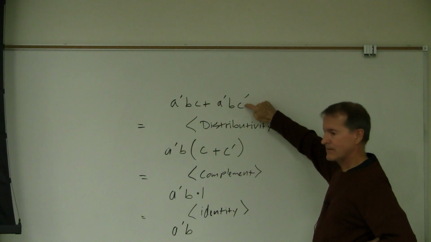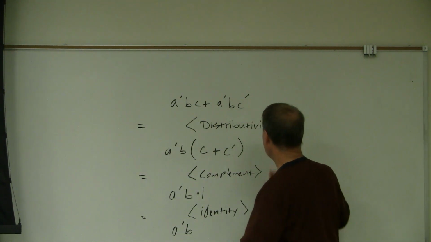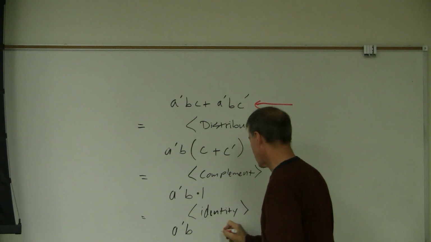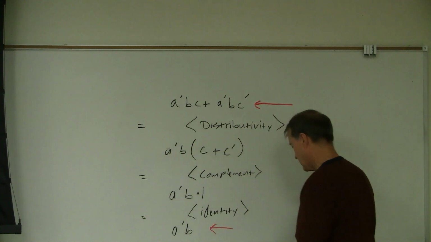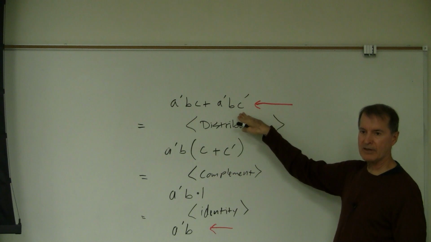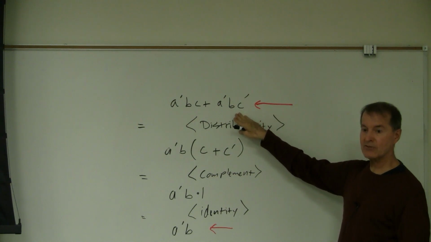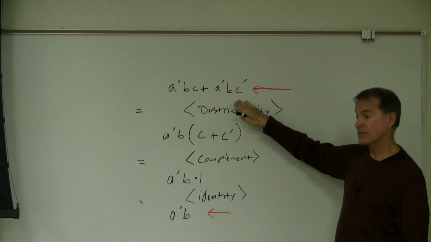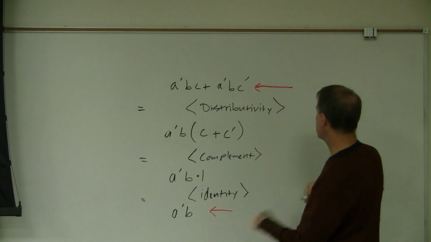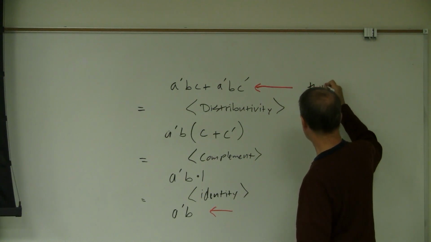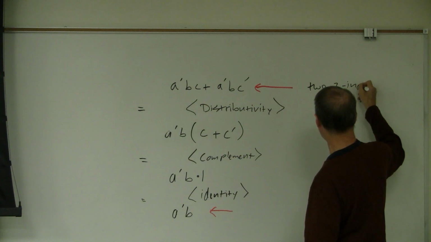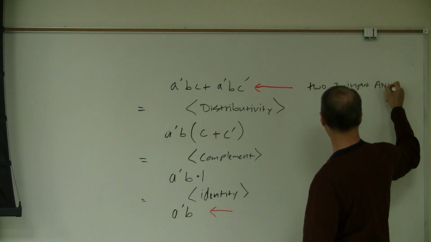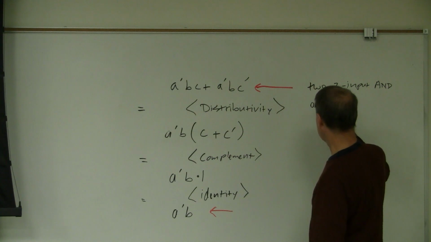How many gates? Let's take a look at how many gates this is, and then how many gates this is. If I gave you this function a couple days ago and asked you to draw the gates, how many gates would you have to draw? And what gates are they? And how many inputs with each AND? And how many AND gates? 2, 3 input AND gates, and 1 OR gate, a 2 input OR gate.